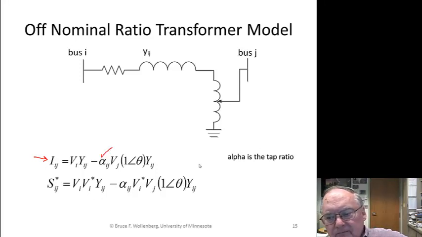Now A is a tap ratio. It can be a scalar if it's a simple voltage ratio transformer, or it can be a complex number if it's a phase angle regulating transformer. And we multiply like this, and so all we're saying is that this voltage J gets multiplied by A, and that becomes the voltage at this point. And then we calculate the S like this.